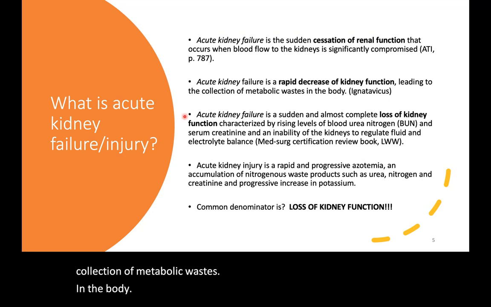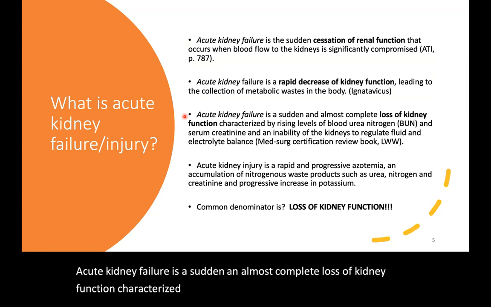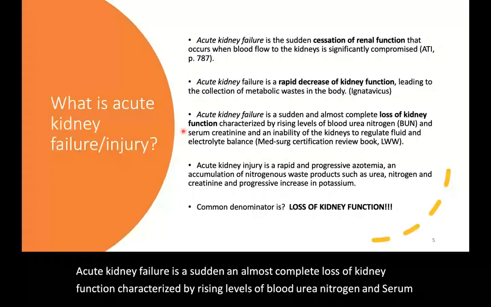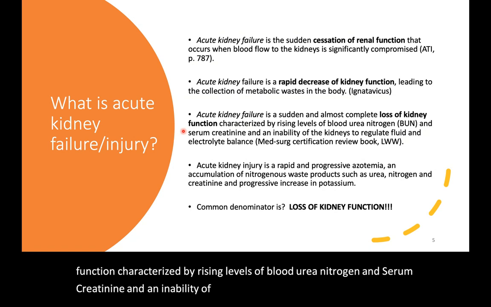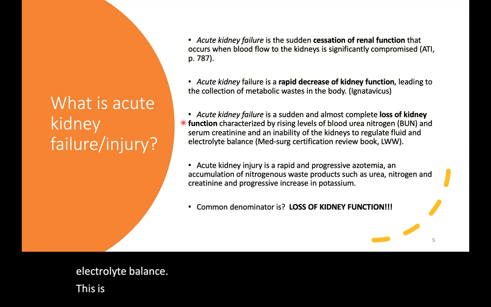Acute kidney failure is a sudden and almost complete loss of kidney function characterized by rising levels of blood urea nitrogen and serum creatinine and an inability of the kidneys to regulate fluid and electrolyte balance. This is a more complete description of acute kidney injury.